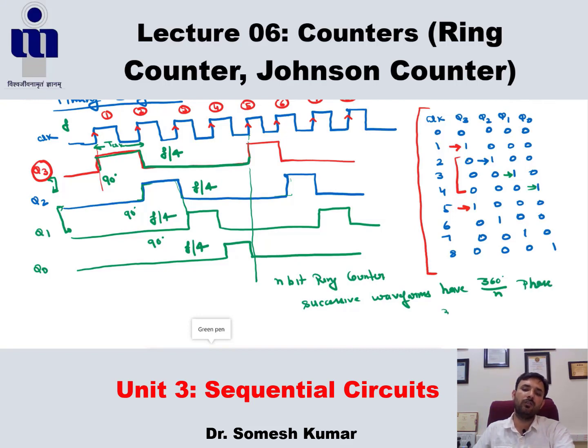So it is a 4-bit counter, so here the successive phase difference is 90 degree. For the n bit it is 360 upon n, and this type of questions are very important from objective point of view or from PSU point of view.